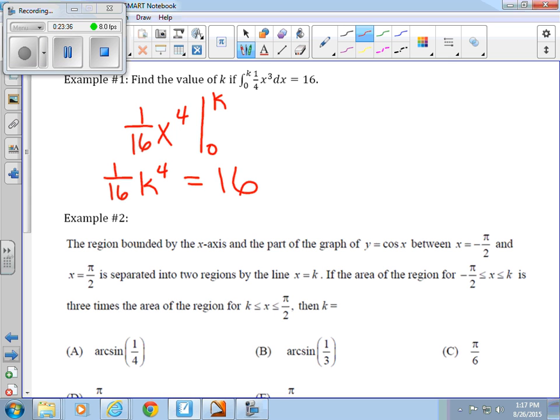Then you're going to end up 4th rooting it, so you can just leave it as 16 times 16 if you want to. K equals 4. That way we do the minus. Yes, and so it was k plugged in and then 0 plugged in.